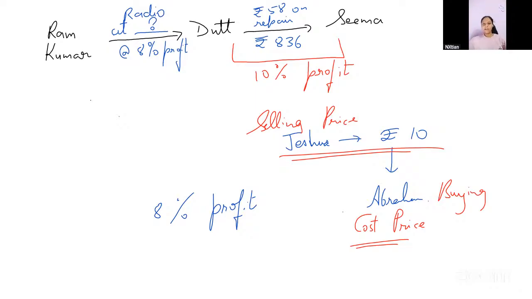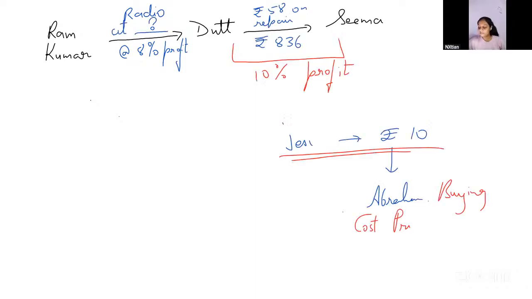We will take a look at what is given in the question and calculate accordingly. First, we will calculate the cost price of that, because that cost price is equal to Ramkumar's selling price.